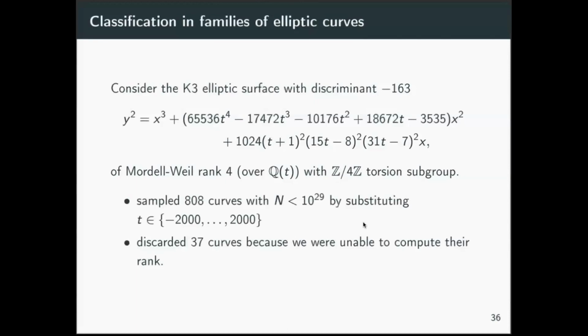So we just want to check how our models work on this family. So we sampled randomly 8 curves with conductor larger than 10 to the 29. And we discarded those curves for which we could not compute a rank.